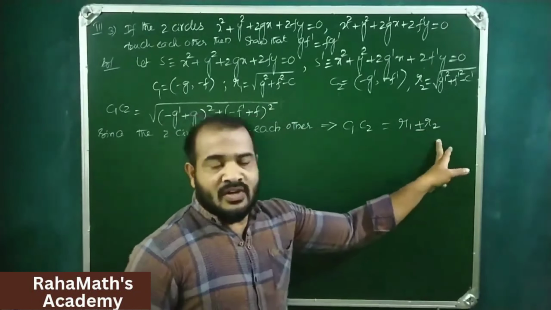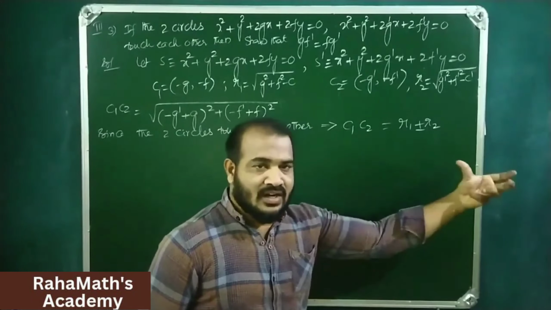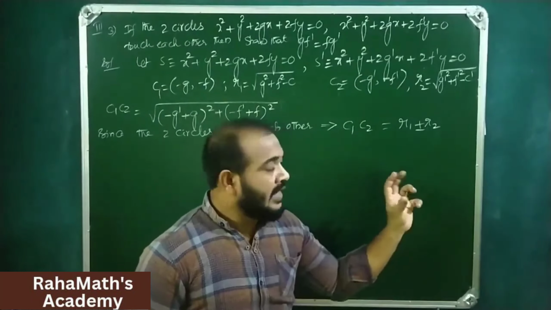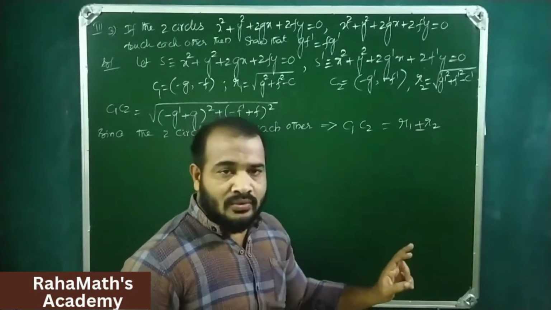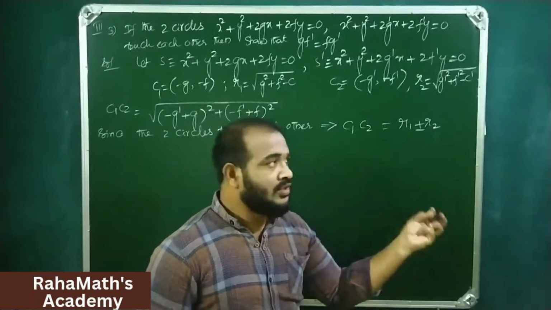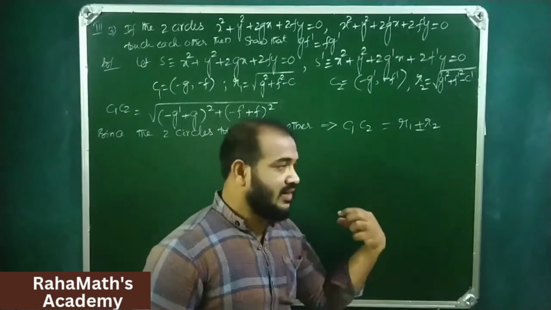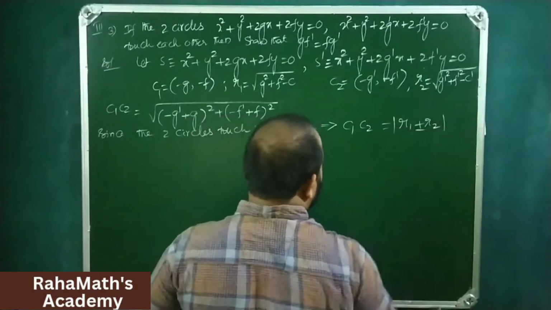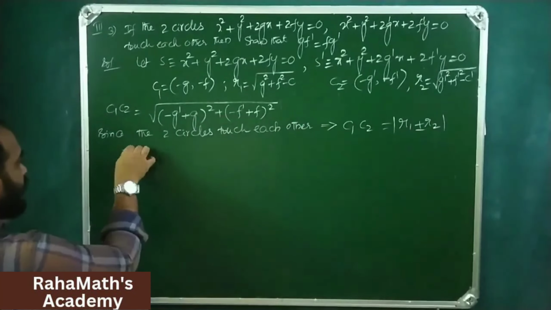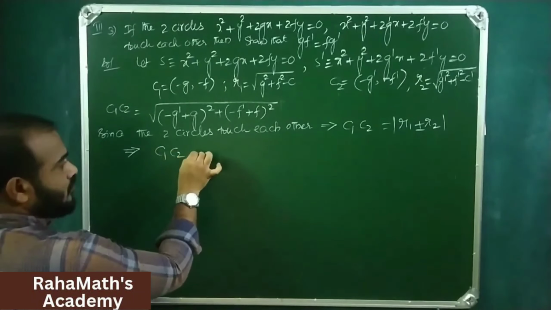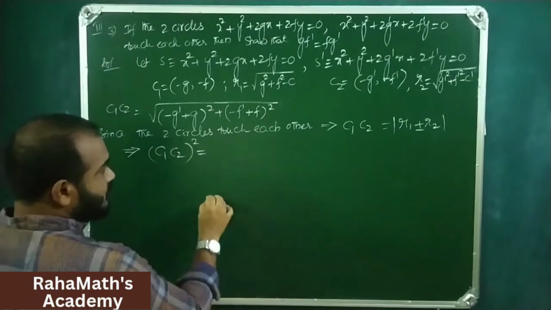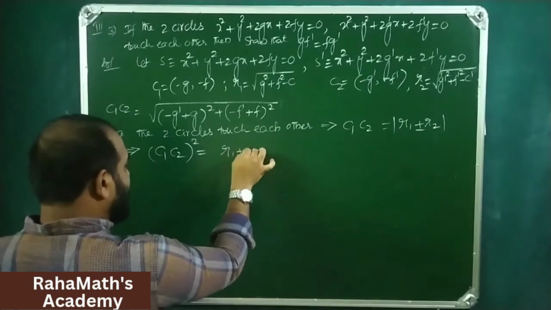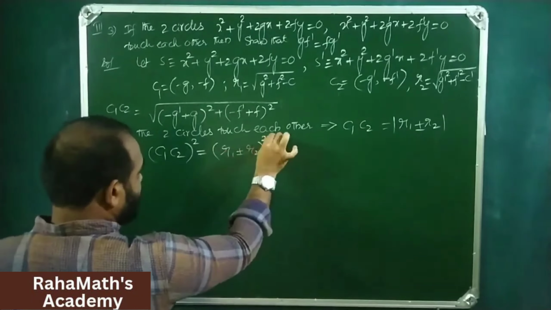If it is R1 plus R2, the two circles touch each other externally, one lying outside the other, and R1 minus R2 absolute value, that is the two circles touch each other internally. Now C1 C2 whole square is equal to R1 plus or minus R2 whole square.